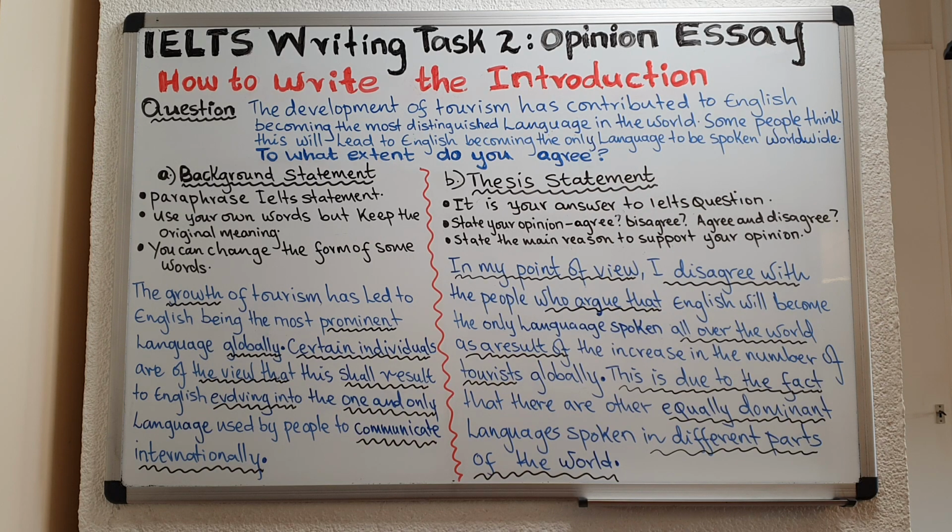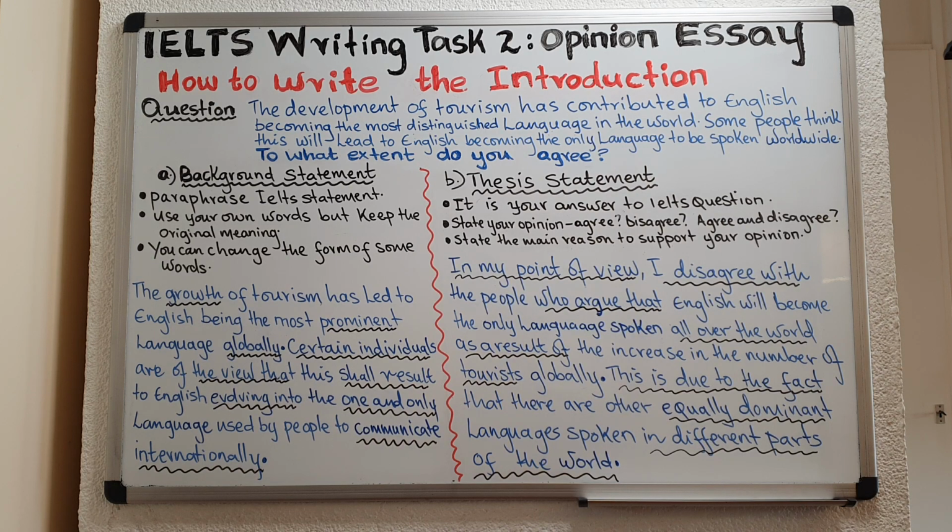I always recommend to my students, either agree or disagree. Because you have the choice. You can agree 100%, or you can disagree 100%, or you can agree and disagree.